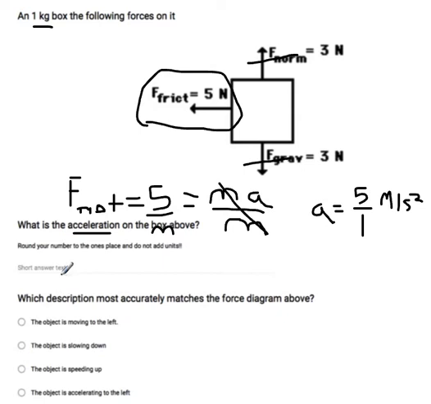As you can see in the problem, it says round to the nearest ones place and do not add units. The reason I don't want you to add units is that it's going to be hard for the program to read it. On the test, I want you to write units, but for now, I want you just to write the number 5.